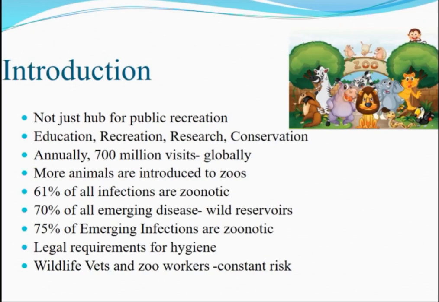And 70% of these emerging infections originate from wild animals, that is, wildlife is the reservoir host, and 75% of these infections are zoonotic in nature. So there lies the importance of a veterinarian when it comes to operating and running a zoo.